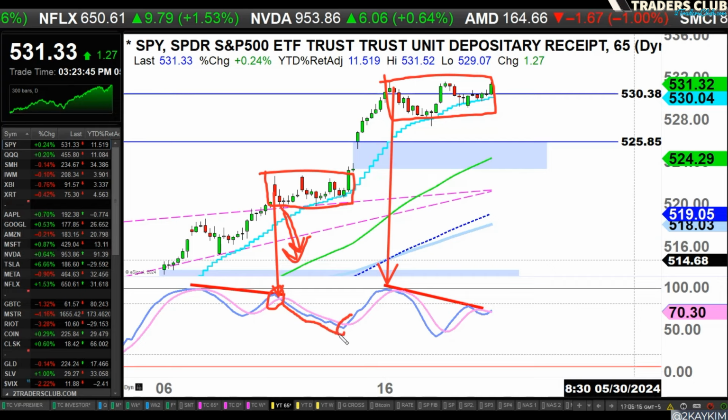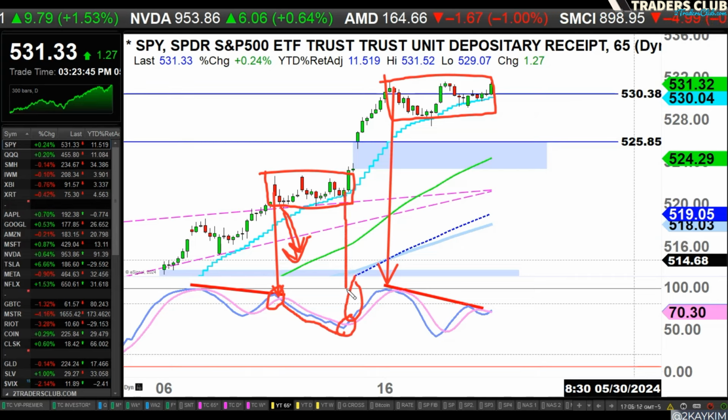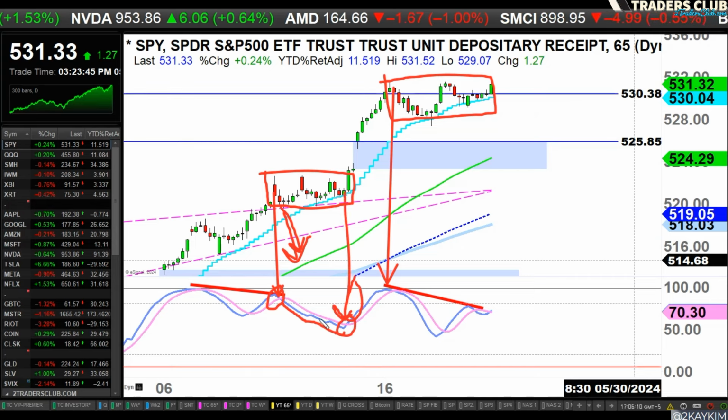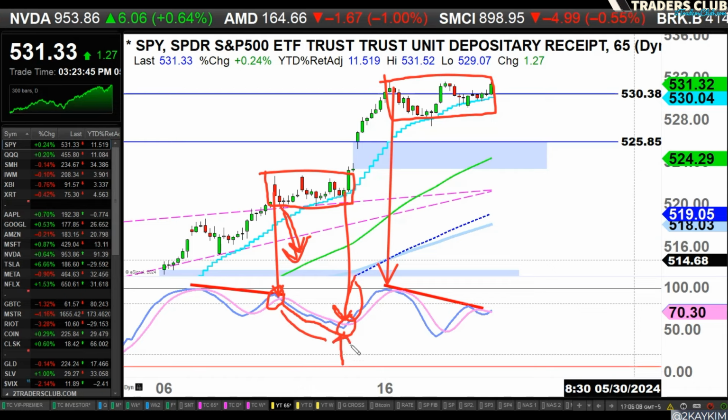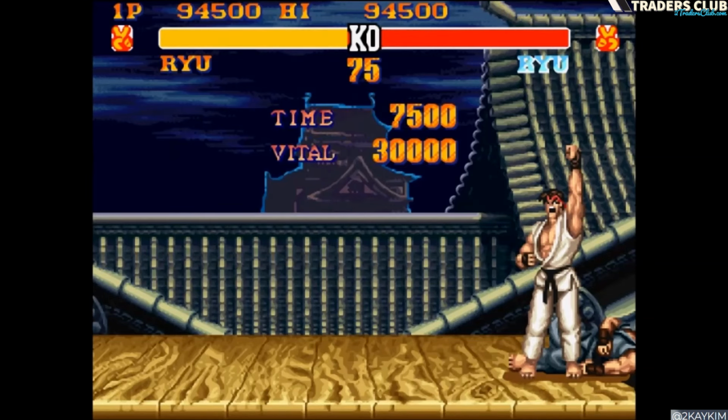And once that oscillator crossed back up, remember there's plenty of room here, that's when we saw that 2-day vertical run up. Perfect.